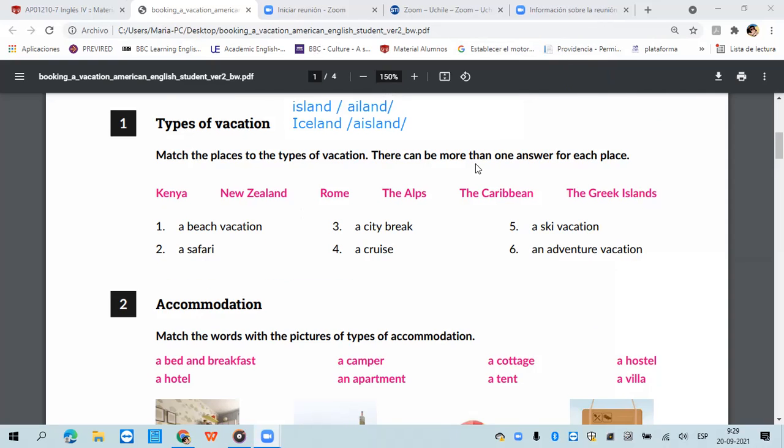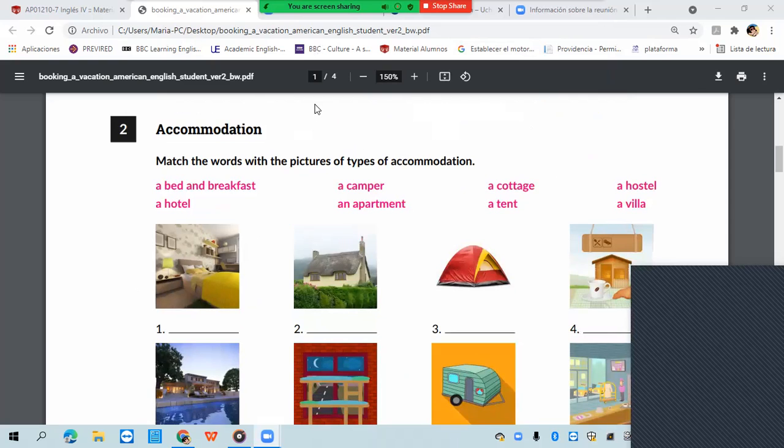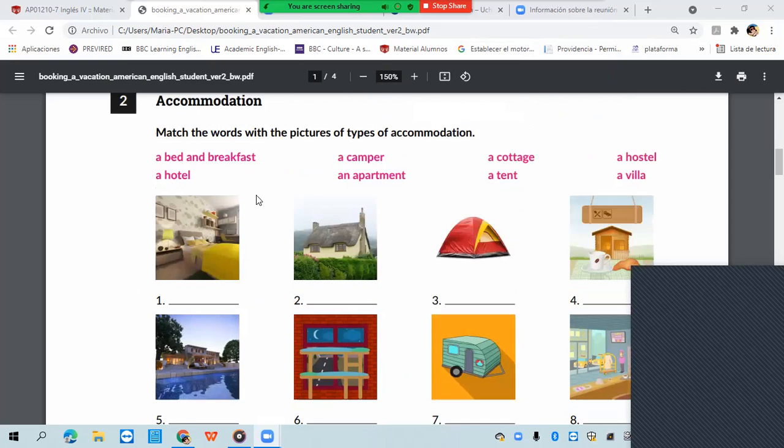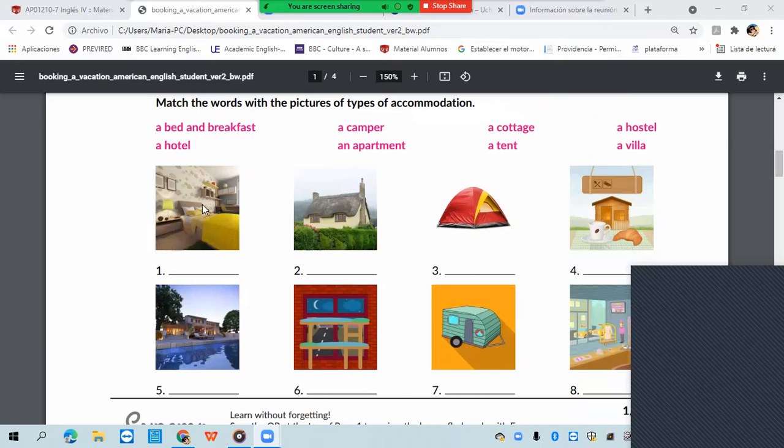Okay, let's go down. Here we have different types of accommodation. Here you have 8 pictures and 8 words. So the idea is to match the words with the pictures of different types of accommodation.